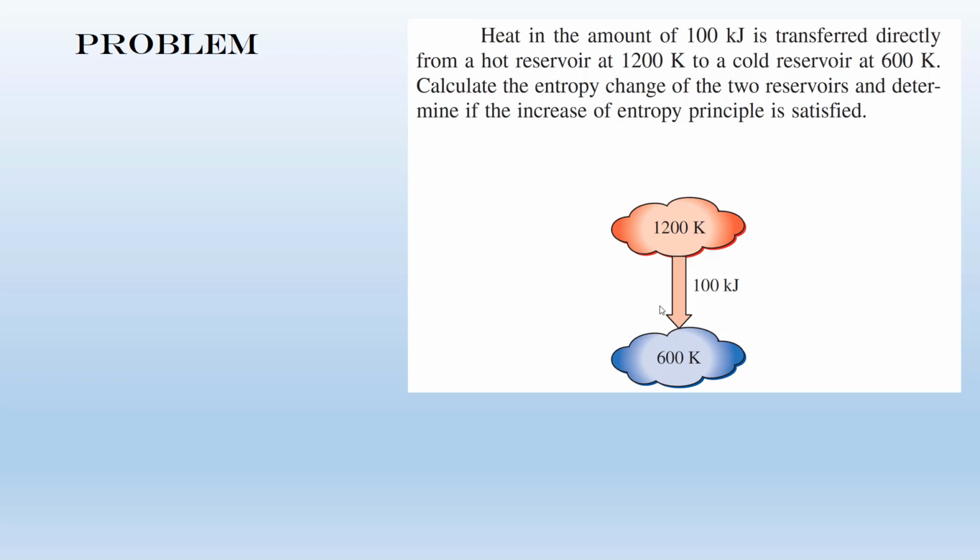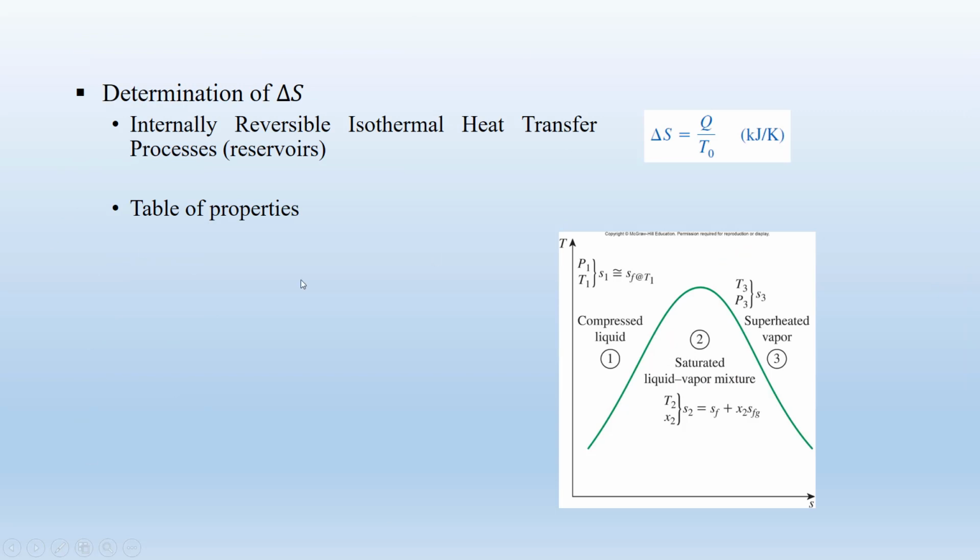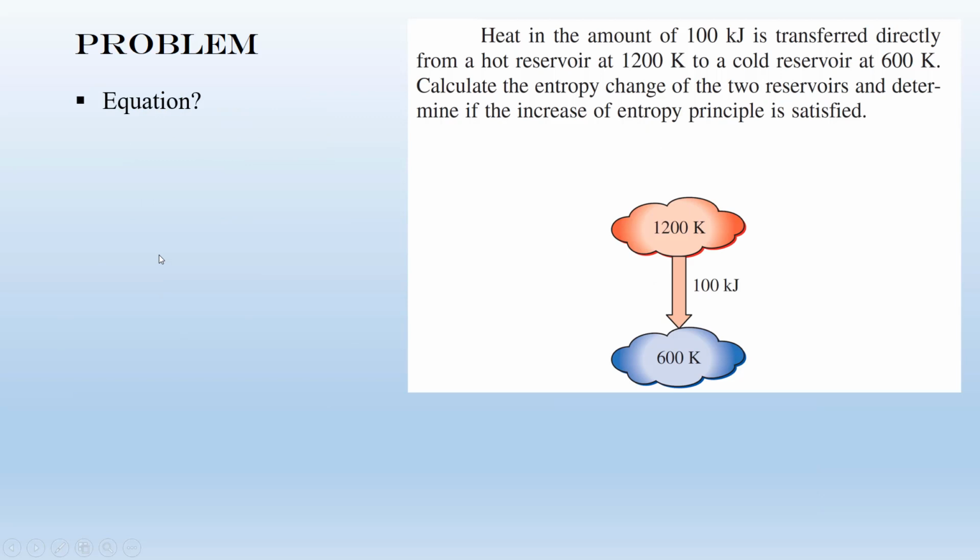Okay, let's go over the two different methods that you learned in the previous lecture. The second one is valid if you have a table of properties. You don't have any table of properties for this problem. Actually, we have no information for the flow.